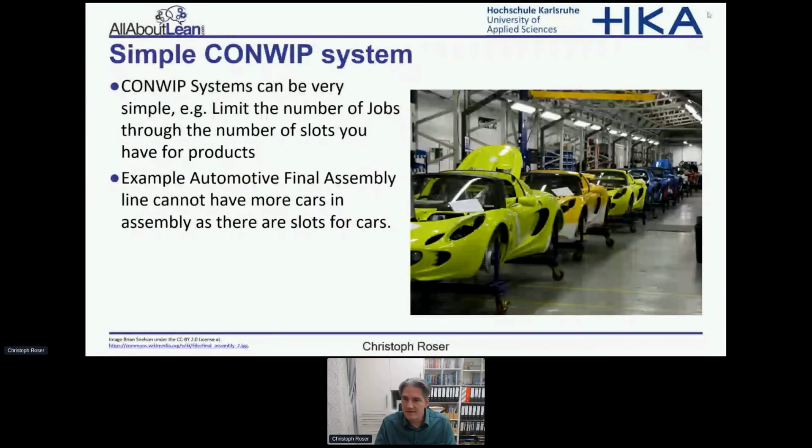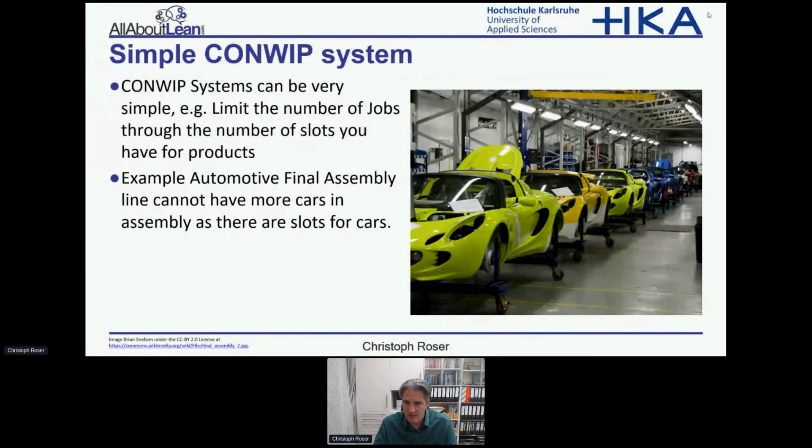But this is automatically a CONWIP system. Because here you see the different cars, and each car is on one of those blue rollers. And you can never have more cars in production than you have blue rollers. So each of those blue rollers would be the same as a CONWIP card. It fits one car, one job, and every job can be different.